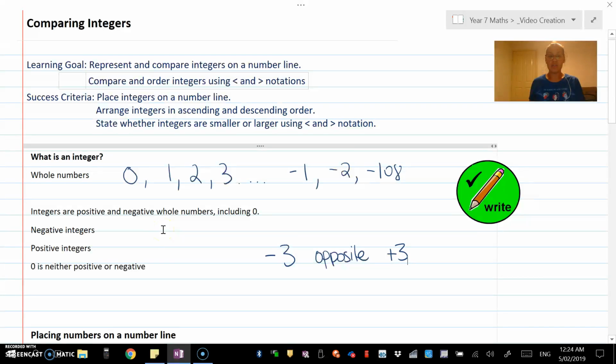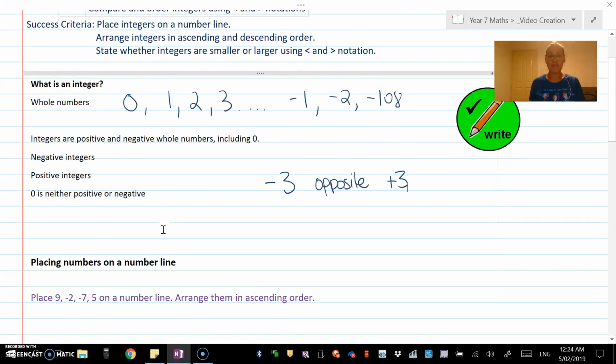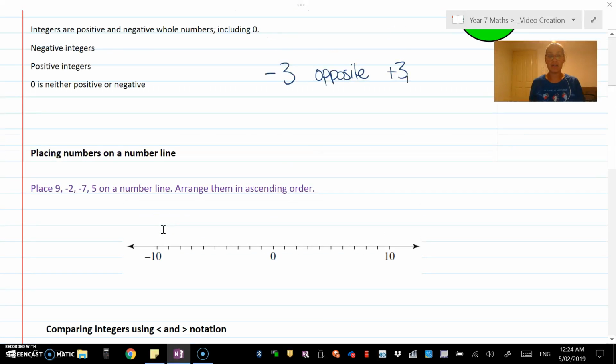Okay, so let's start by placing some numbers on a number line. I have these numbers here, and I'm going to put them on a number line. So there is 0 in the middle here. I have +9, even though it doesn't have a positive there, and I place that on the number line like so.